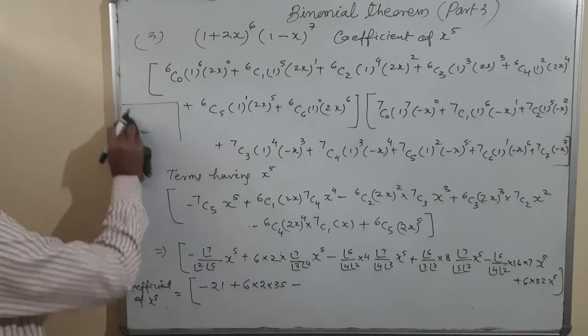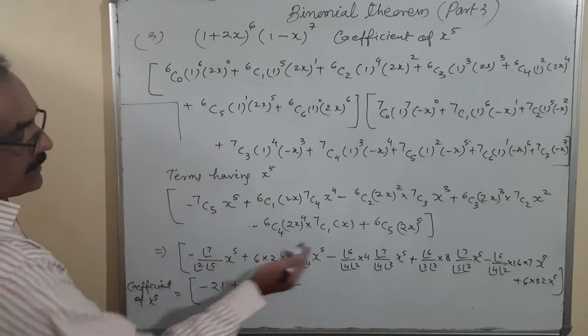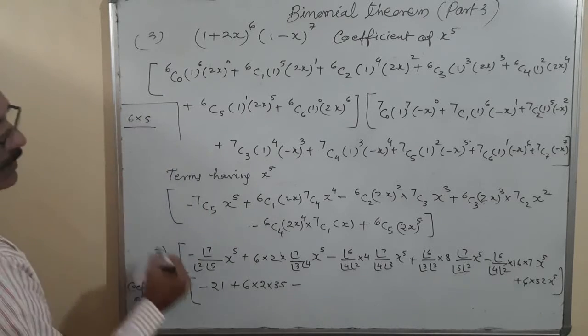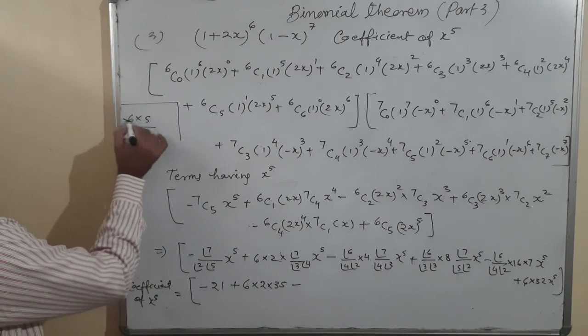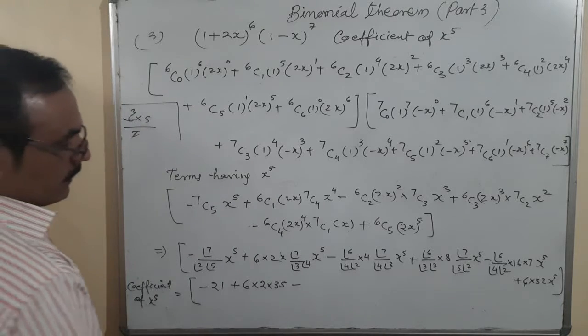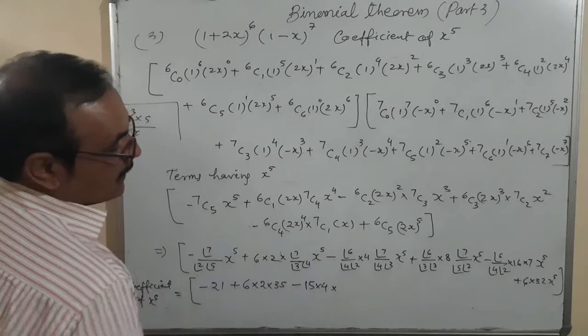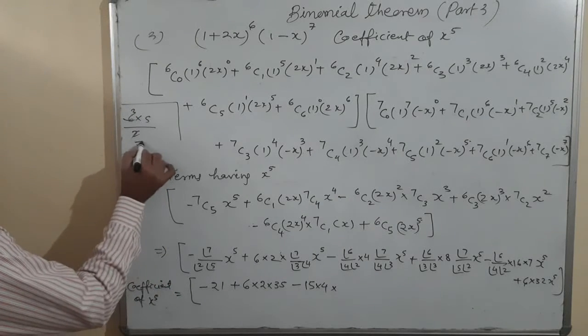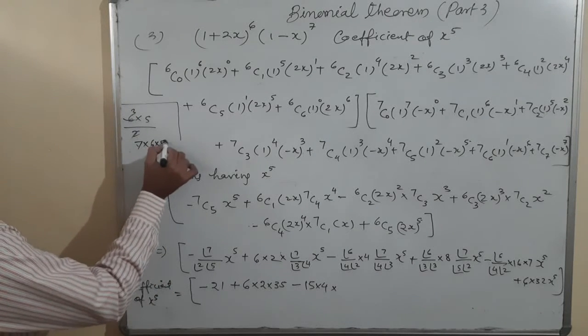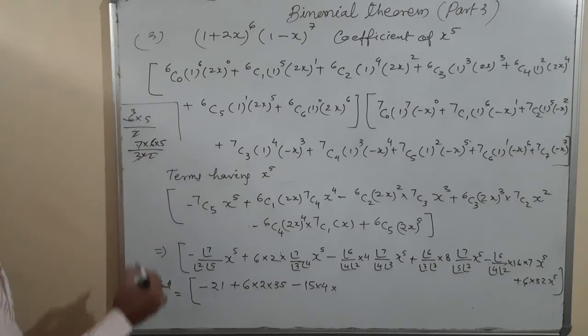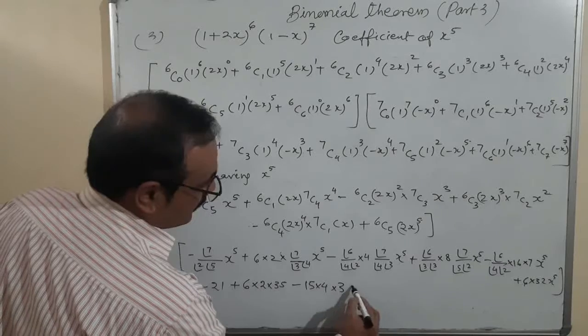What is it? Next term is 6 into 5 upon 2. So it is 15. So that term is 15 multiplied by 4 multiplied by 7 into 6 into 5, 4 cancel, 3 into 2. 7 times 5 is 35. Okay.